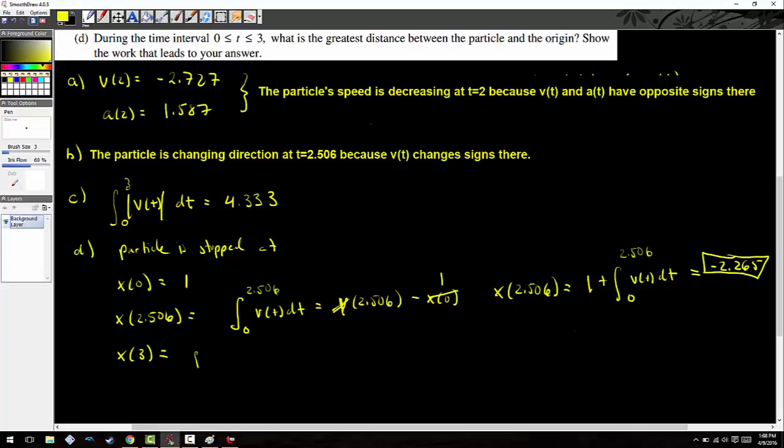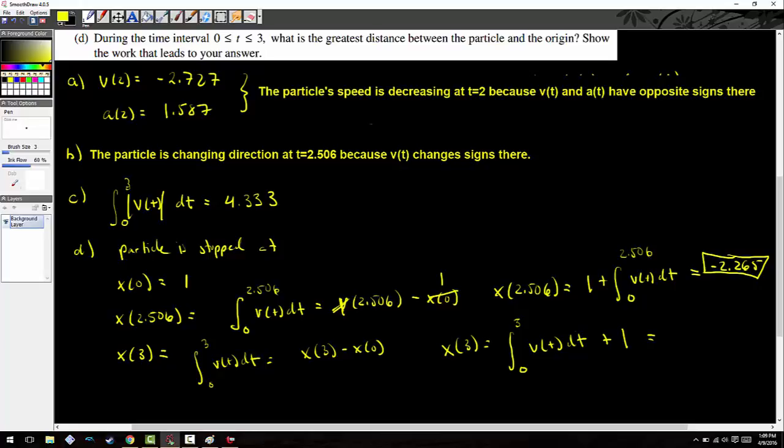I know that that is going to be the integral from 0 to 3 of v of t dt. So that is x of 3 minus x of 0. So I know then that x of 3 is equal to the integral from 0 to 3 of v of t dt plus 1. What does that give me?